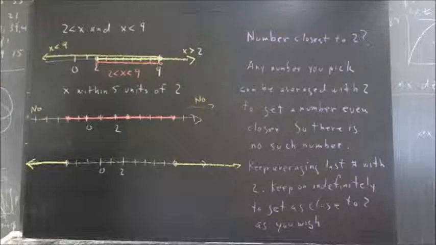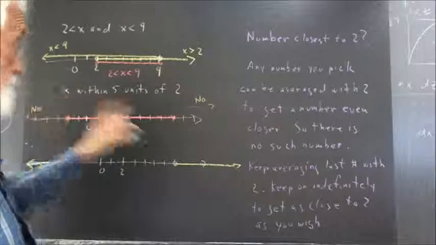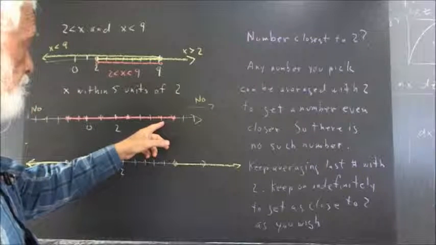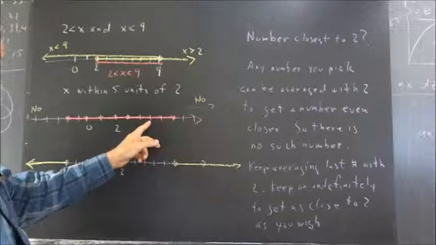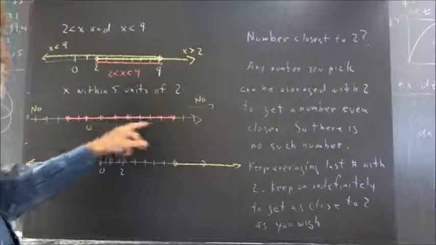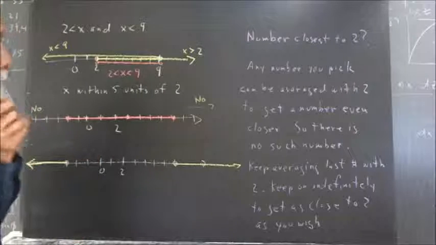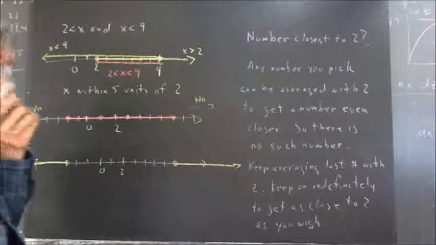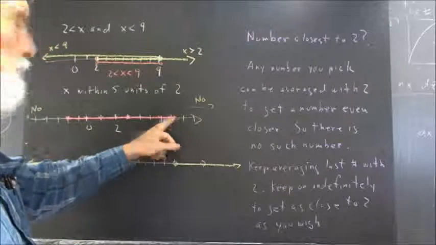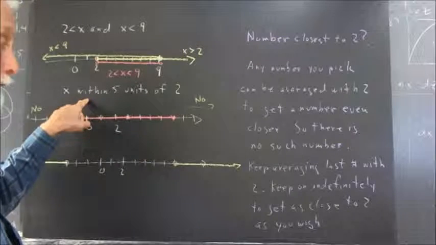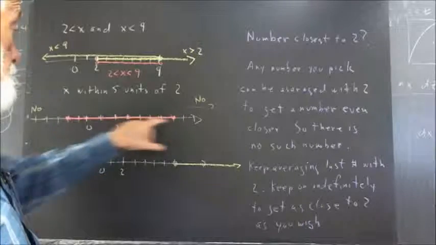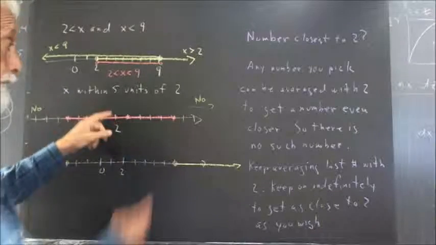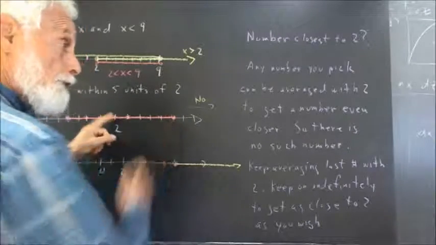And then 5 is within 3 units of 2. So any number up to, and possibly including 7, depending on how you interpret the word within, which is not really a mathematical term, is going to be within 5 units. So all these points are within 5 units of 2.